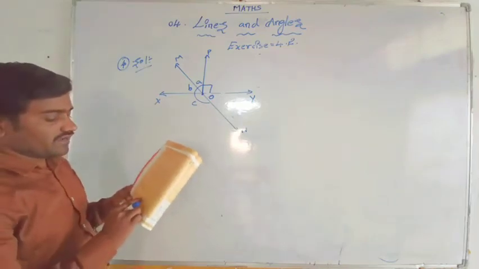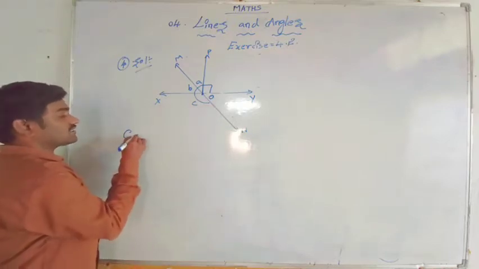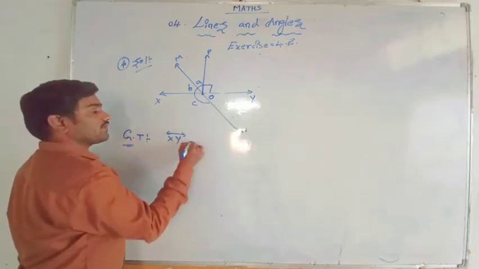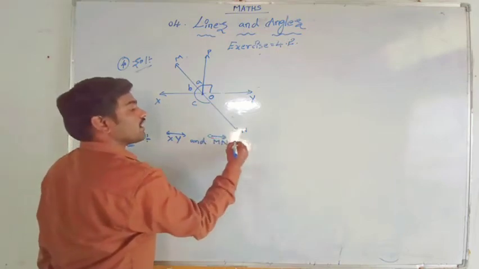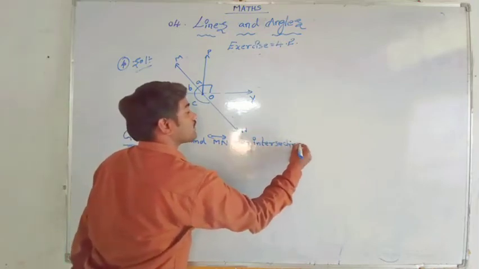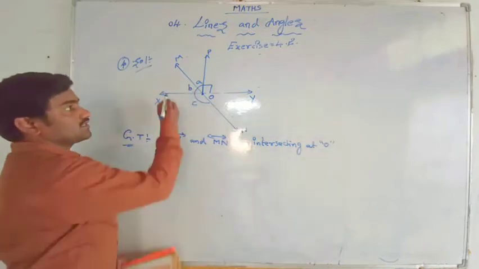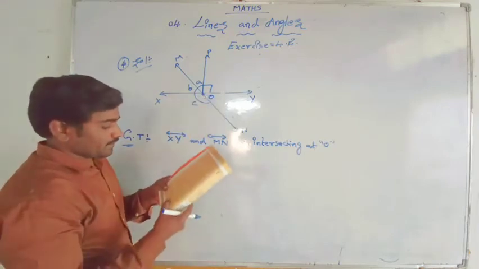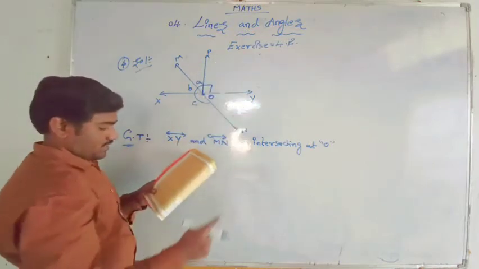In the given figure, XY and MN are intersecting at O. Let us write the given here. XY line and MN line are intersecting at the point O. Angle POY is 90 degrees.